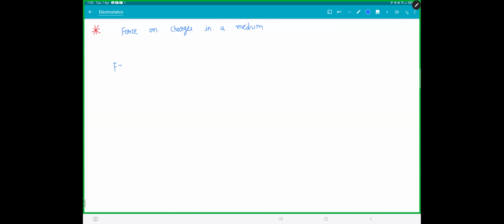Coulomb's law says the force is Q1 Q2 by 4 pi epsilon medium r square. So that doesn't become epsilon naught anymore, it becomes epsilon m. We'll talk about that. So epsilon medium is nothing but epsilon relative into epsilon naught. This epsilon r is just like relative density. It's called relative permittivity.